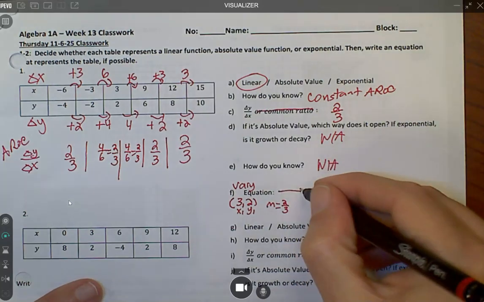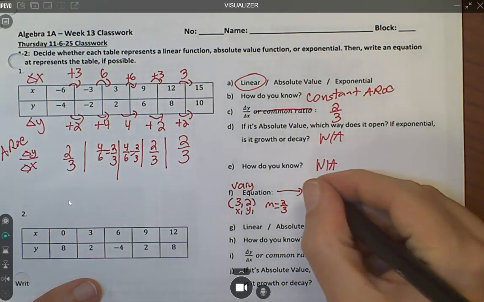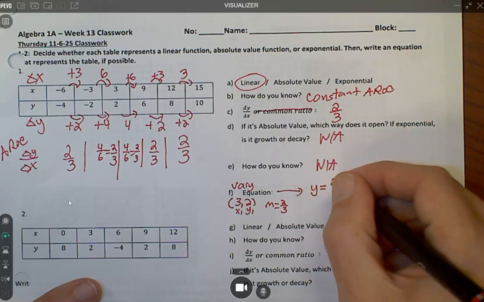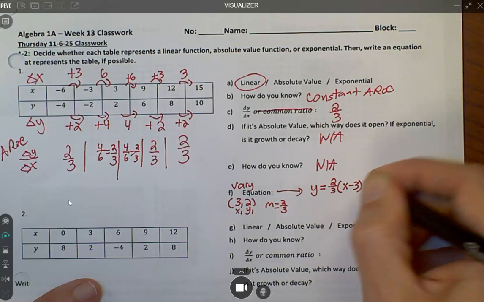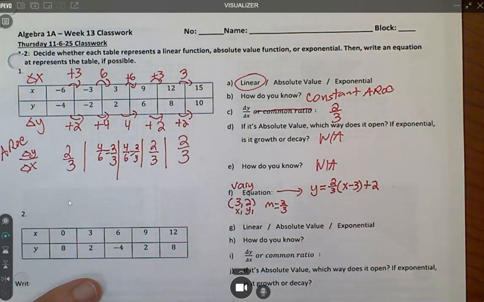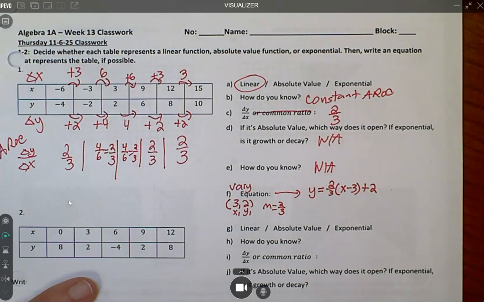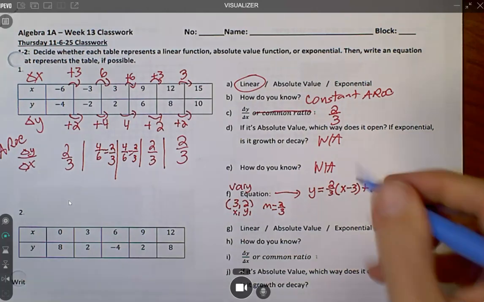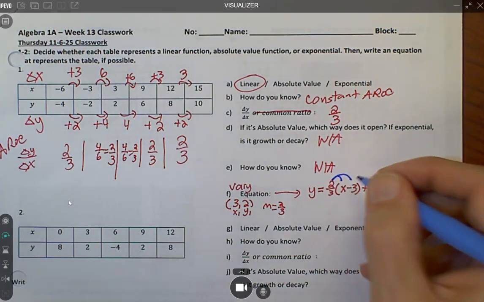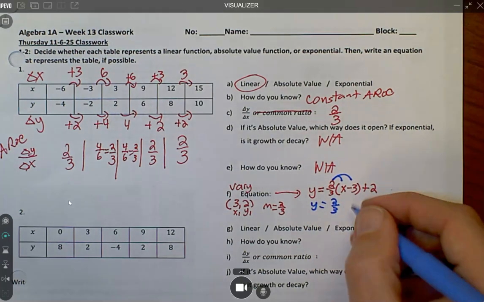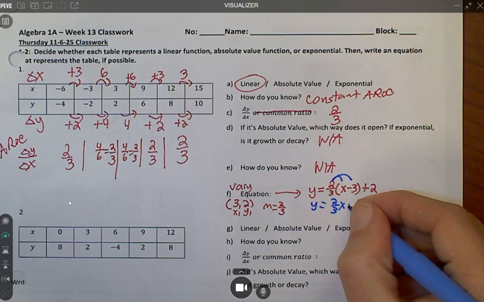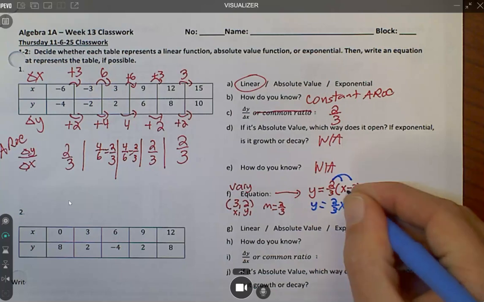So if we do point slope, not the original, x minus x1. The only way we can really check this is if we write it in slope intercept form. This is the only way I can universally check. So 2/3 x, and then we got plus -6 over 3.